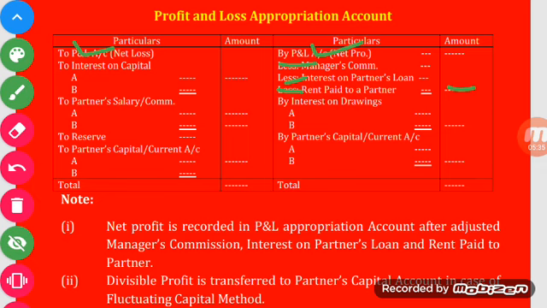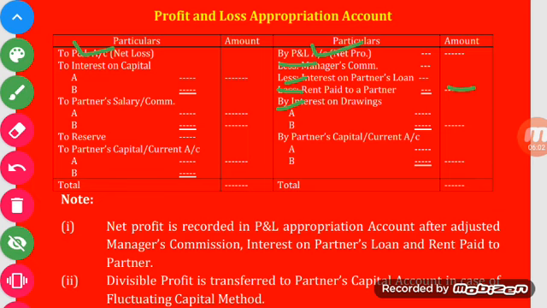Second point, interest on drawings. As we discussed in the last video, how to calculate interest on drawings in different situations. Interest on drawings is the income of the firm. That's why it will be recorded on the credit side of the profit and loss appropriation account.